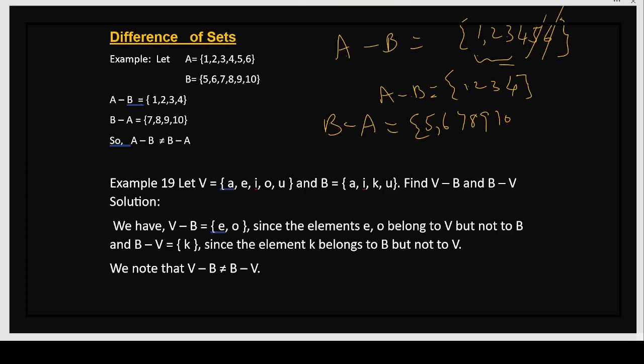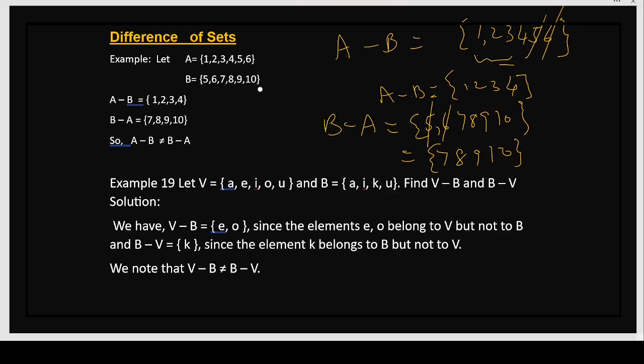They are not there, so you need not remove them. But 5 and 6 are there. You have removed 5 and 6. So what is the result? B minus A is 7, 8, 9, 10. Very good.